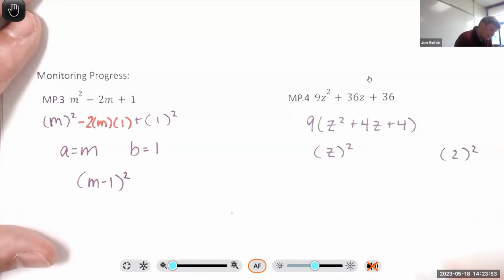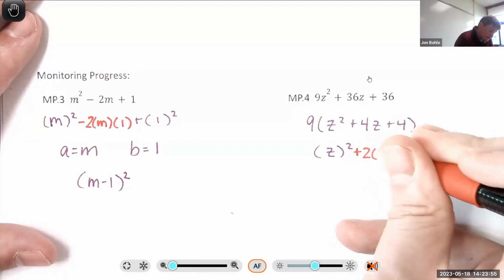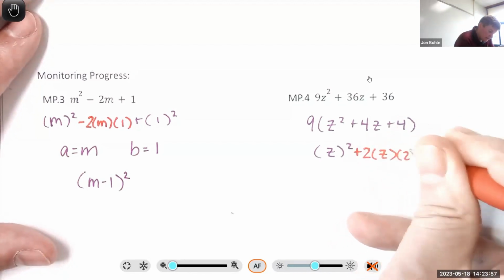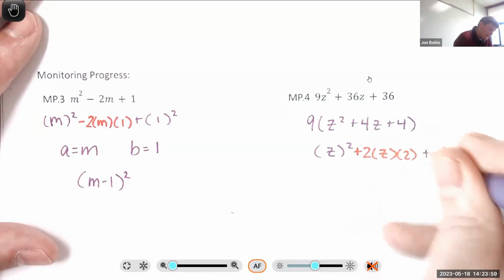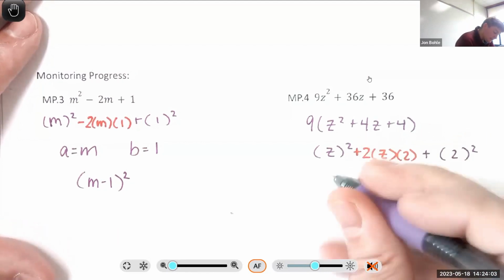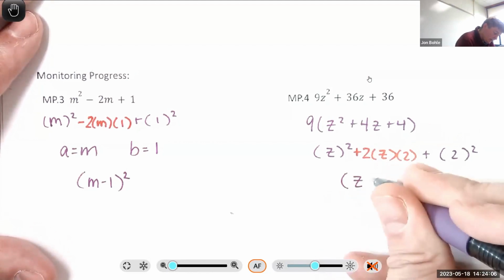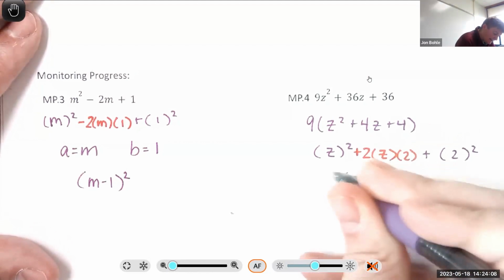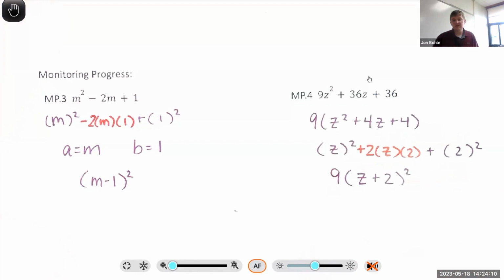And then the middle is going to be 2 times z times 2, which is verifying. 2 times z is 2z. 2z times 2 is 4z. So yes, this factors into z plus 2 to the second power, but that times 9. Okay, so that's it in its simplest form. So make sure you check for greatest common factor like we did in the first section.